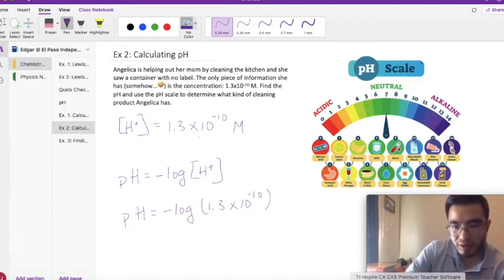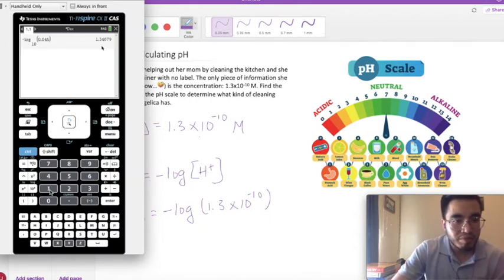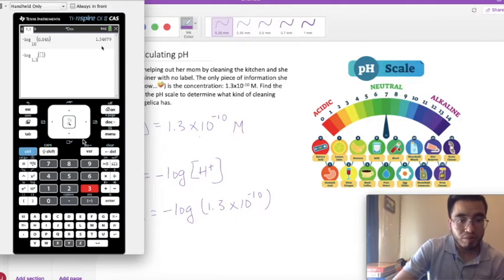Let's get our calculator. Negative log of 1.3, and instead of times 10, we use the double E function.